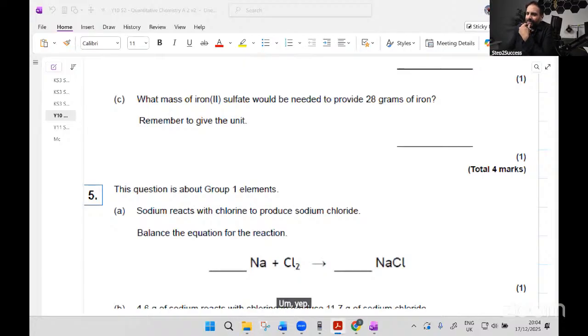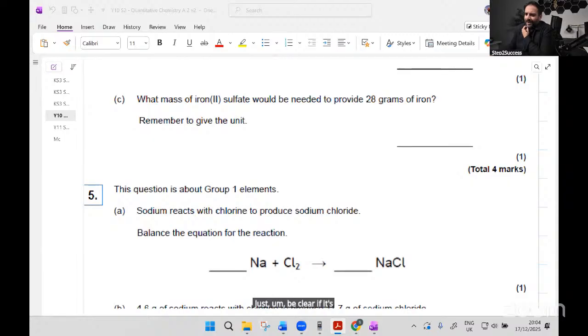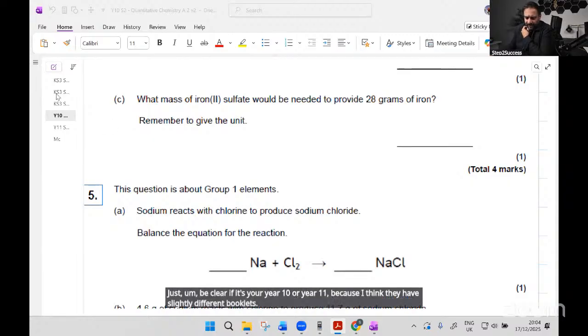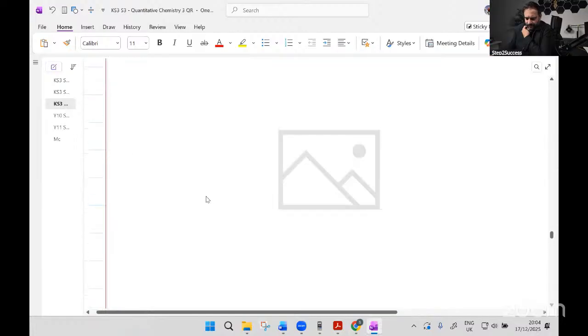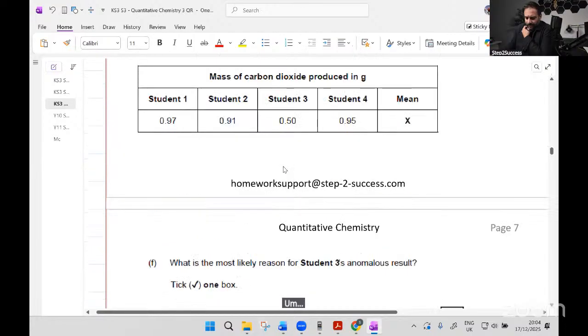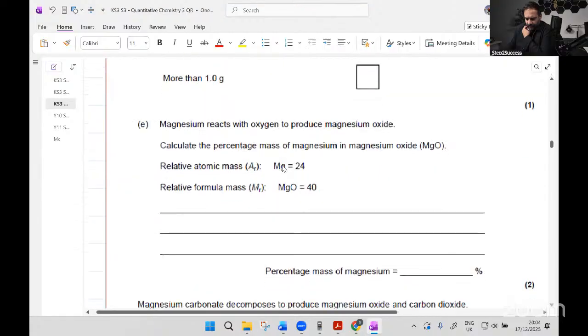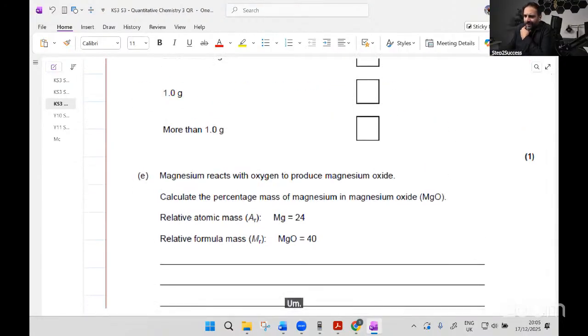Yep, again, the booklet three, I'm not going to do now because I did most of these in the last session, but let me see if I can do it now. 6B part one, just be clear if it's your year 10 or year 11, because I think they had slightly different booklets. Year 10, yep, all right, okay. 1E has been asked.